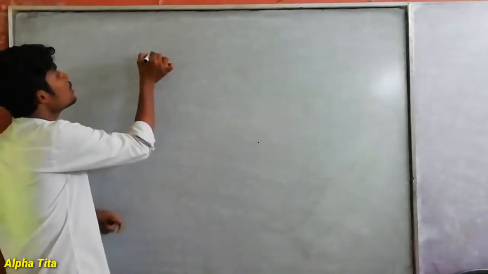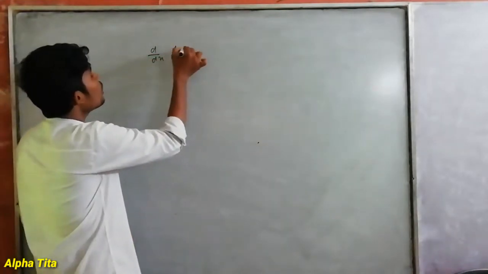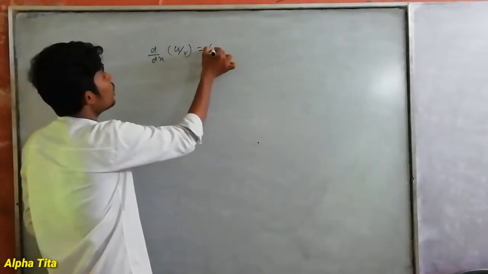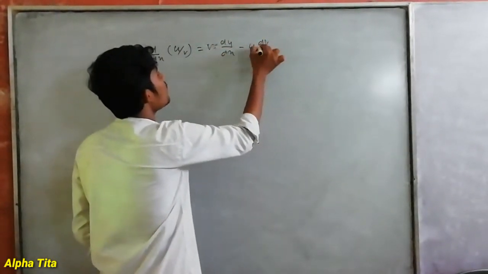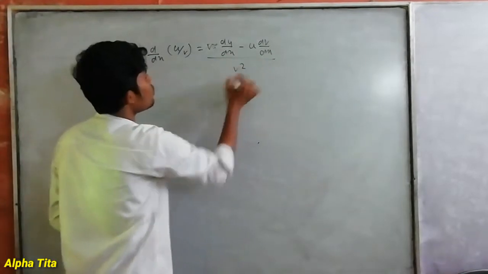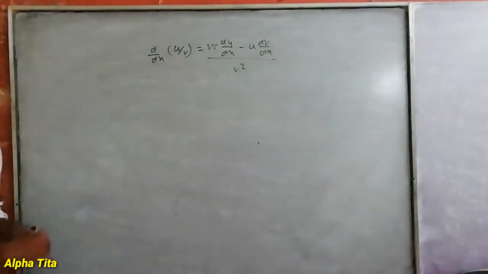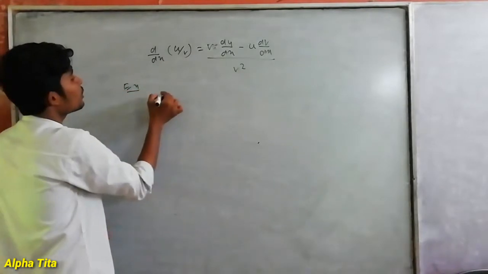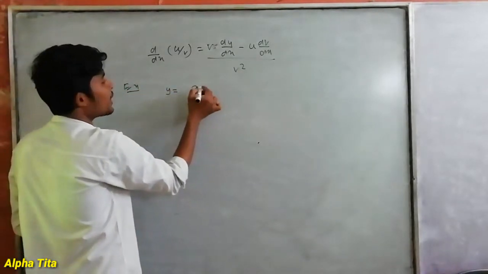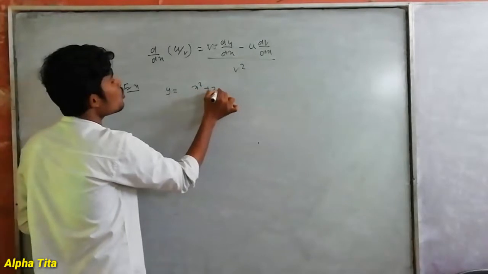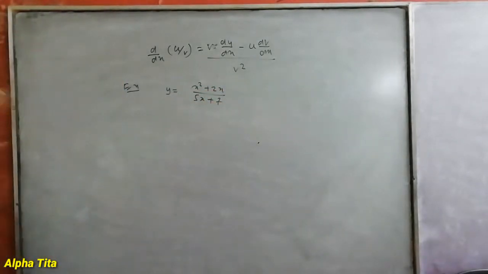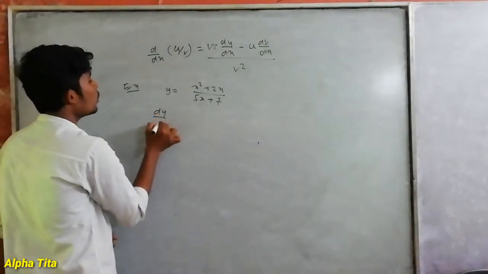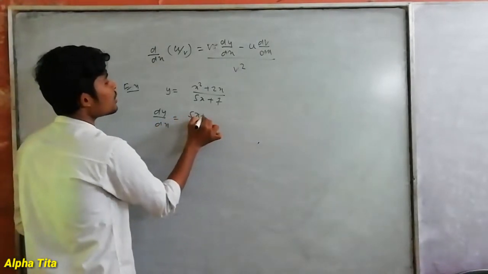Next, d by dx of u by v, what do you know? It is v du by dx minus u dv by dx, divided by v square. Taking an example, if y equals x square plus 2x divided by 5x plus 7, what is the derivative of this function?